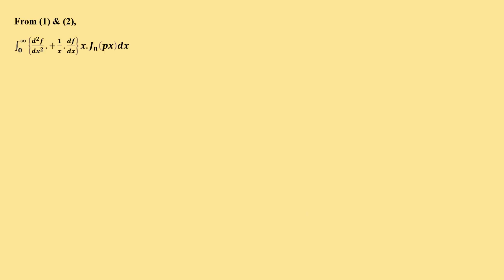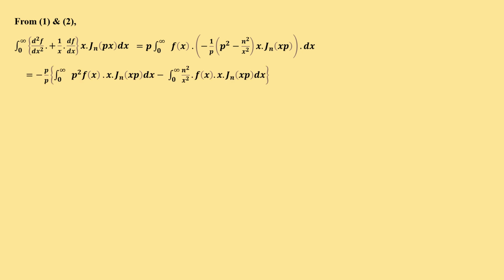From 1 and 2, integral 0 to infinity of (d²f/dx² + 1/x df/dx) x Jn(px) dx is equal to p integral 0 to infinity f(x) times minus (1/p² - n²/x²) x Jn(xp) dx, which is equal to minus integral 0 to infinity p² f(x) Jn(xp) dx plus integral 0 to infinity n²/x² f(x) Jn(xp) dx.